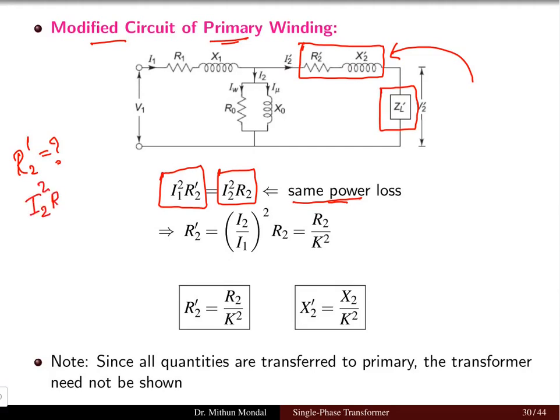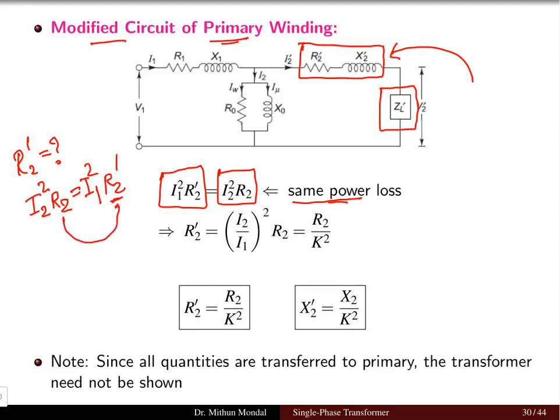If in the secondary the power loss is I2 square R2, then what is the value of R2 dash which will give the same power loss, because in the primary network the current flowing is I1, so I1 square into R2 dash. So what is this R2 dash? That is referred from the secondary side to the primary side.